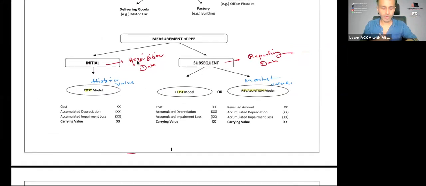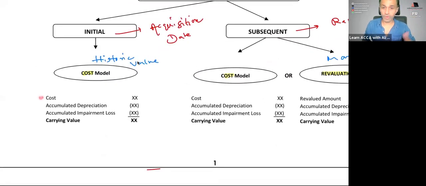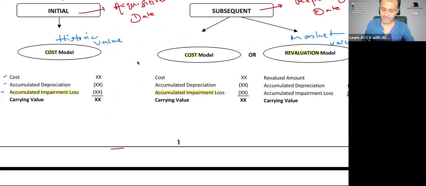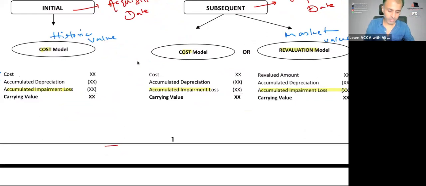And the components of the cost model, they start off with cost, obviously. Takes the depreciation very next, and impairment loss into the last. Now this impairment loss thing, let me highlight it to clarify to all of you.